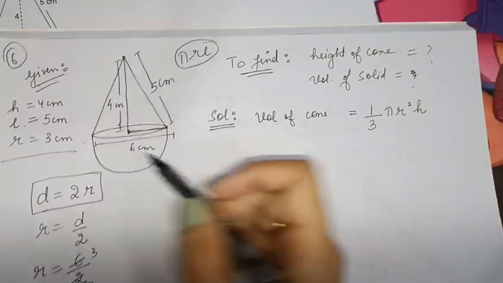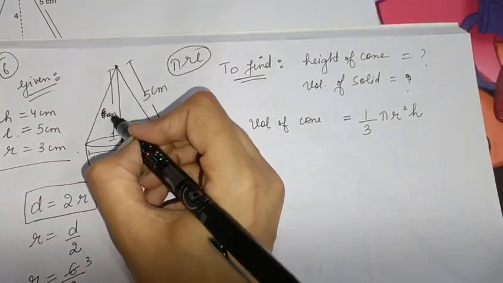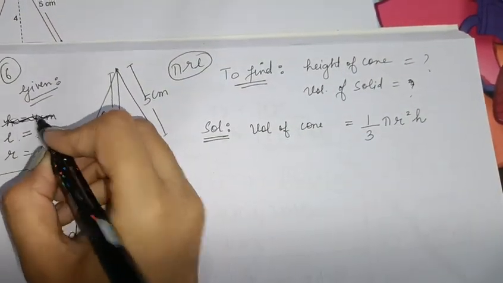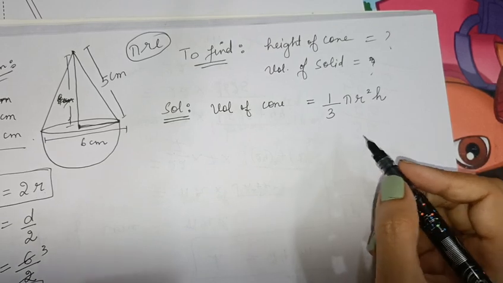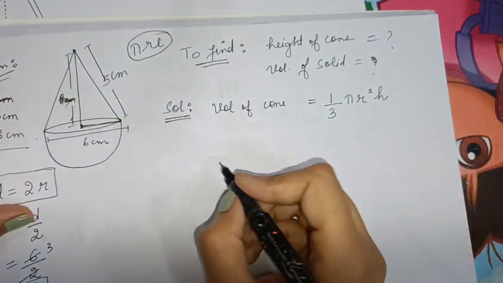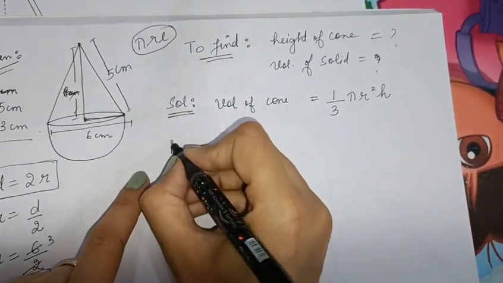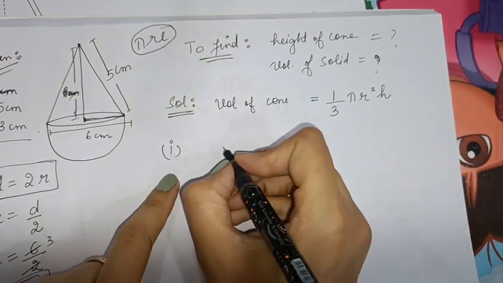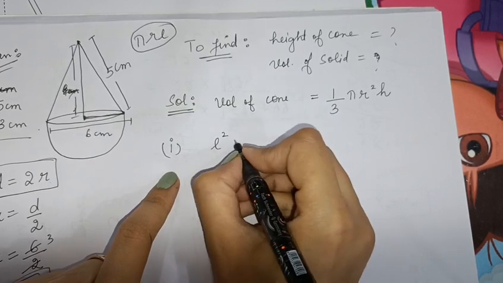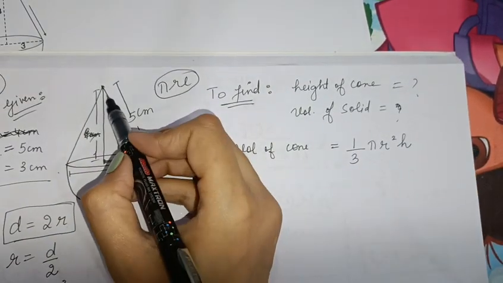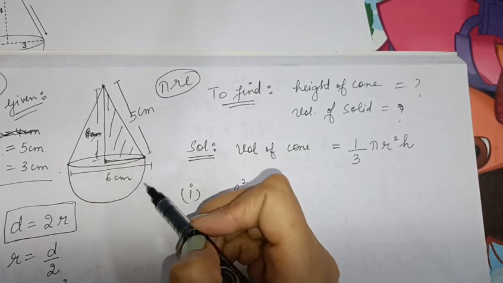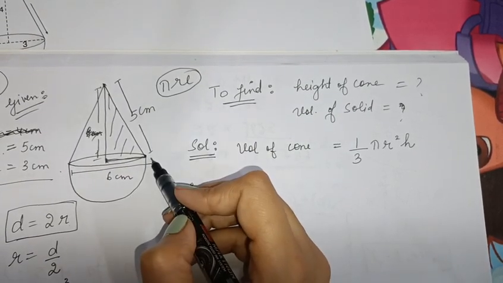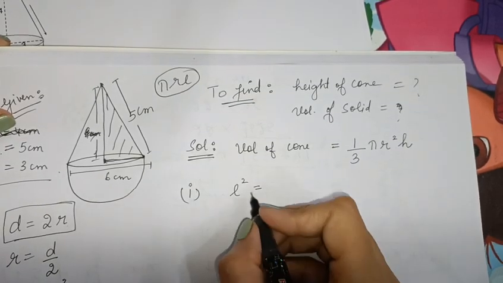Or suppose I'll just do it, because suppose the height is not given to us, I'm just cancelling it. If the question comes like that, what we will do is this. We know one relation: in this right triangle, the base radius is there and the slant height is there, and we have to find the height.